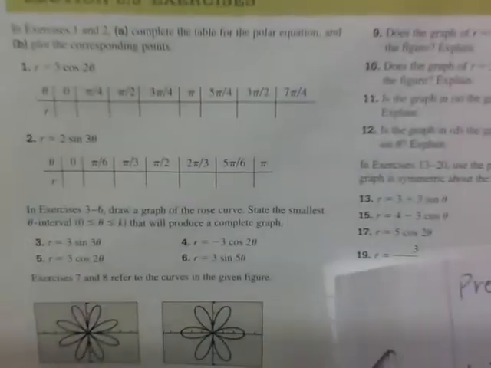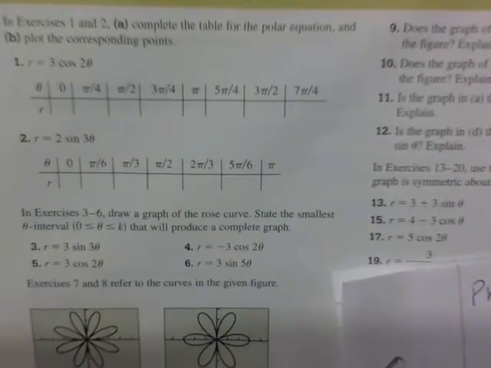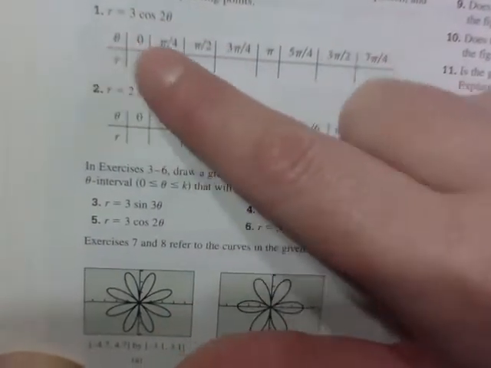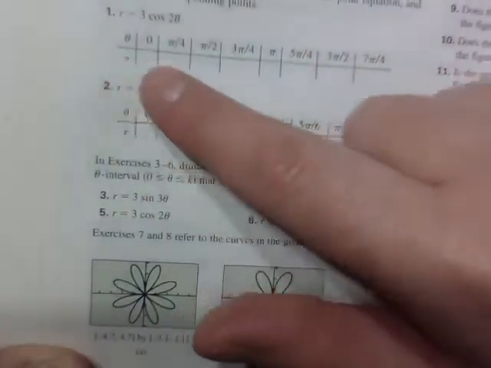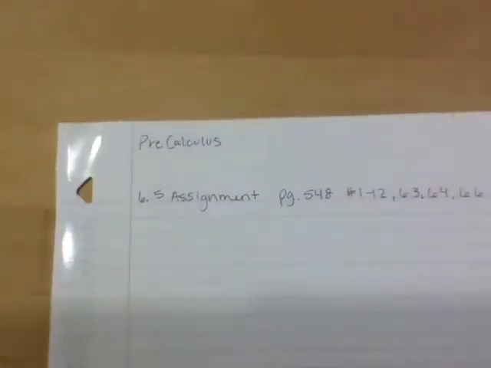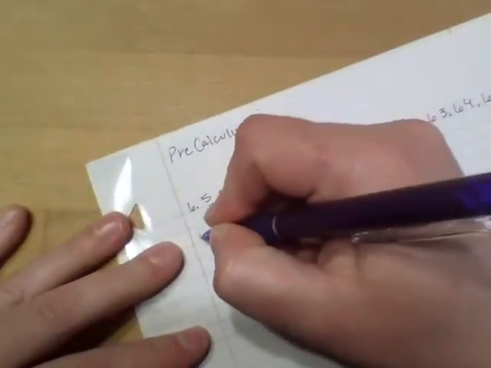If we look at number 1, it's saying that you need to complete the table and then plot the corresponding points. So basically you just need to take this theta and plug in each of these values and see what you get for r, and then we'll plot them. So we'll take the time to recreate the table.